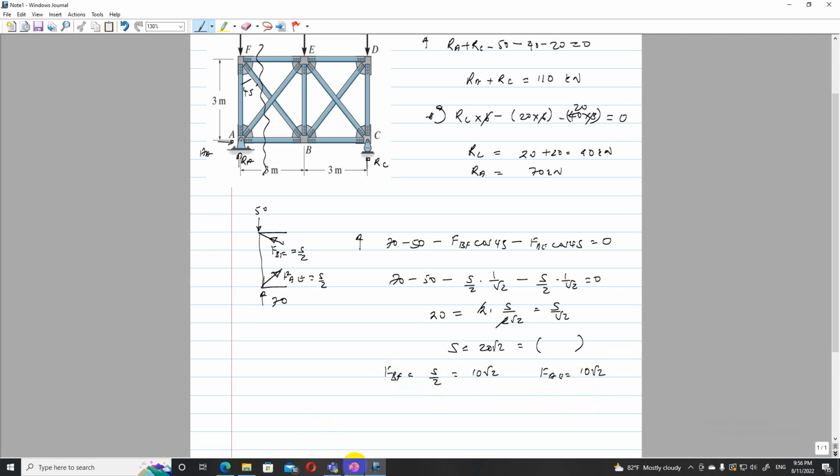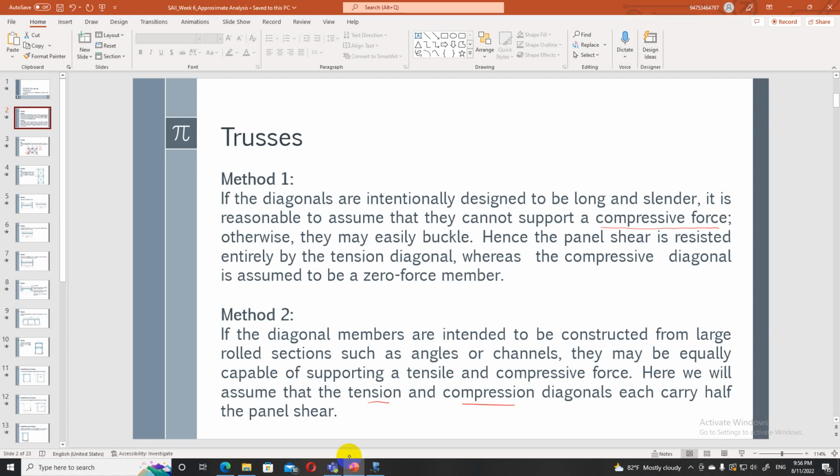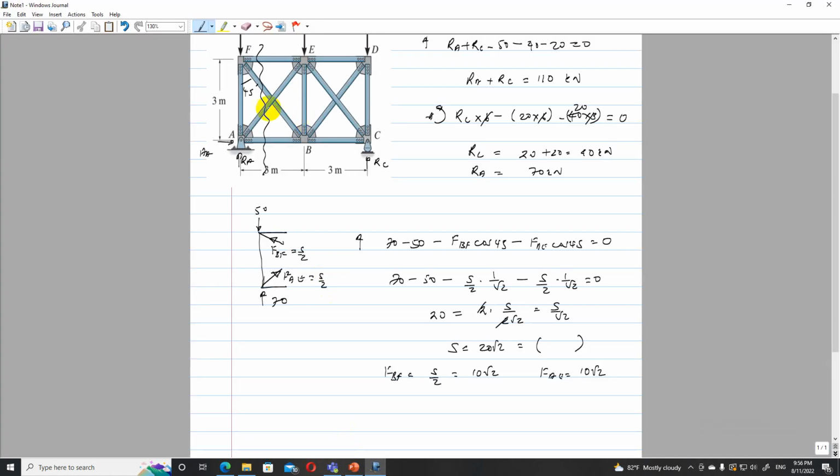Now if you consider method 1, we assume the one under compression to be a zero force member. Then what will happen? Say if I assume one of these to be a zero force member, then the entire shear force is going to be carried by the vertical component of this one element. So we will get twice this value as the member force.